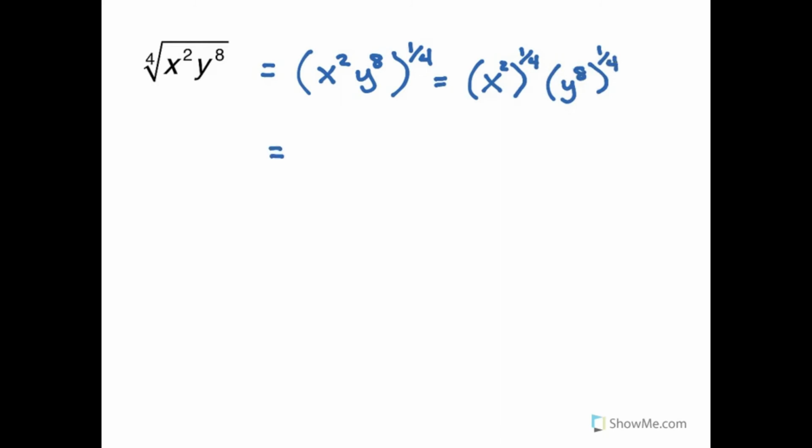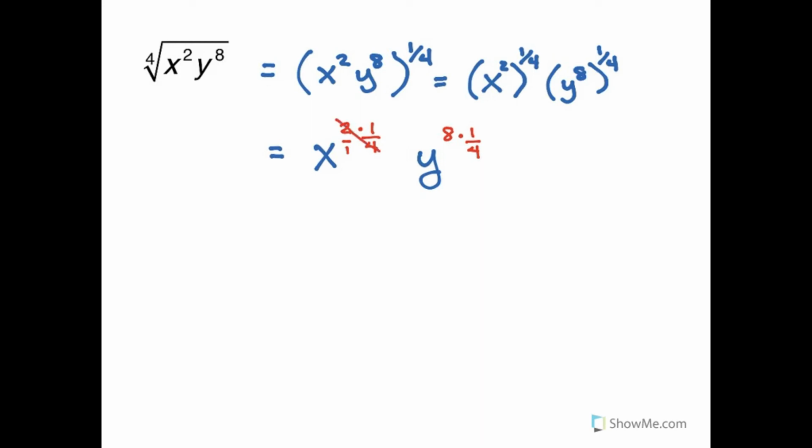When you raise a power to a power, you're going to multiply the exponents. So x is to the power 2 times 1/4. And y is to the power 8 times 1/4. Multiplying, I put a 1 under the 2.